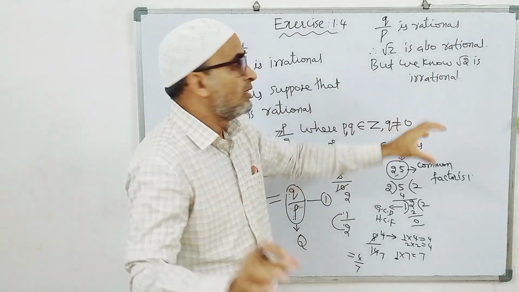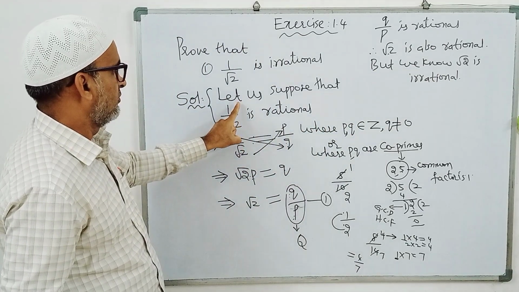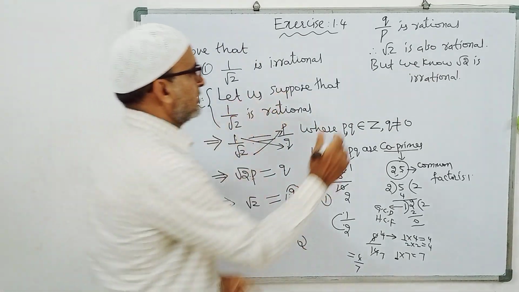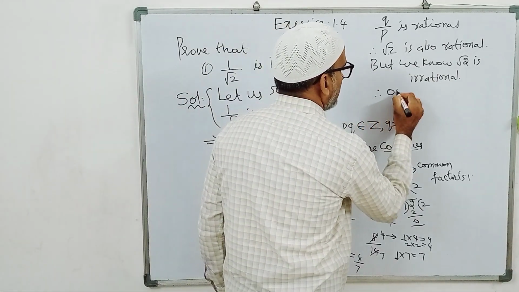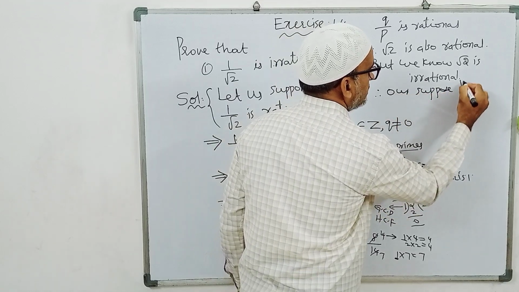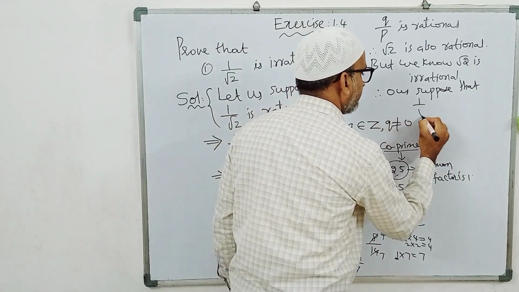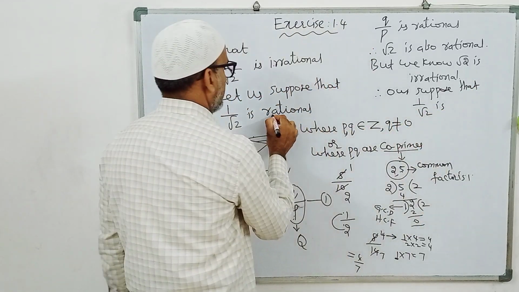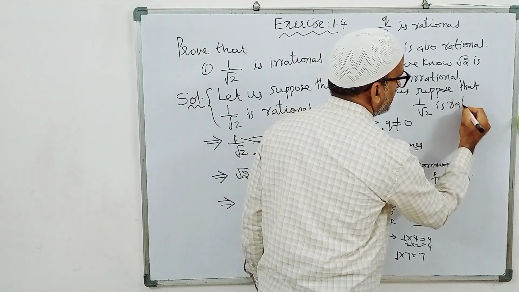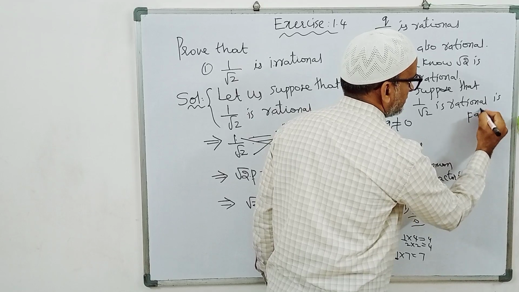Means this is wrong. Why is this wrong? Because of our assumption, whatever you have taken, let us suppose. Therefore, what you supposed, 1 by root 2 is rational, is false.